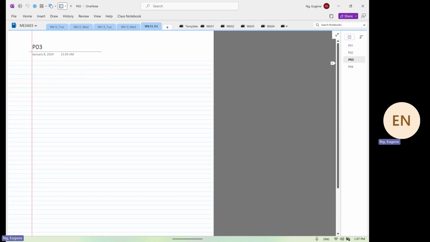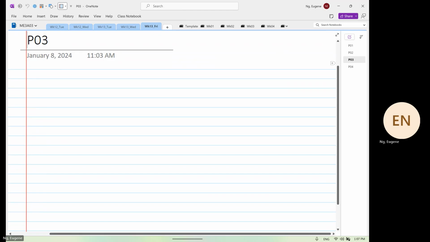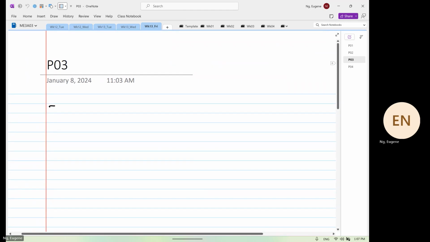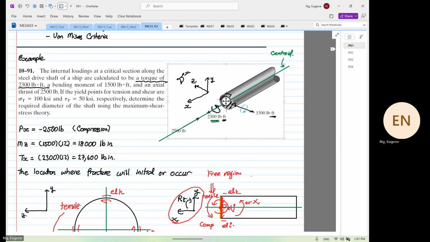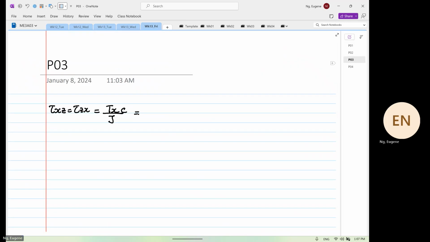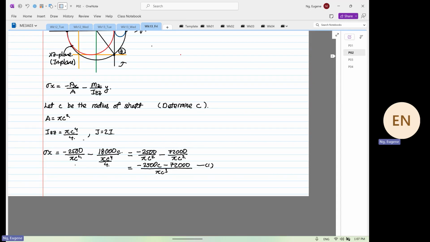So the shear stress is equal to Tx over J multiplied by C. So the torque is equal to, what was the torque? 27600. 27600 divided by J. So J is equal to twice of I, right?